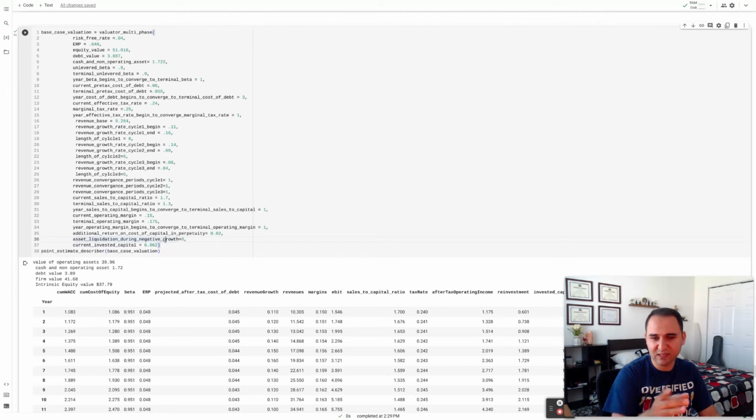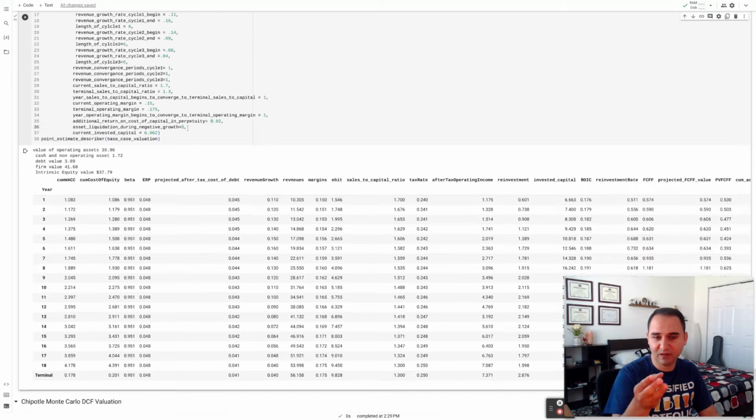So this number can be negative, could be positive. It's essentially the sales to capital ratio times this, whatever that number is. And if that's negative, this model is going to assume it's zero. It means you're not selling assets and getting rid of the assets in place.